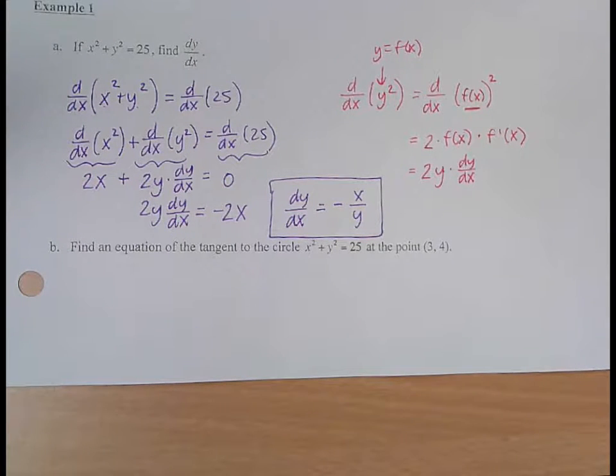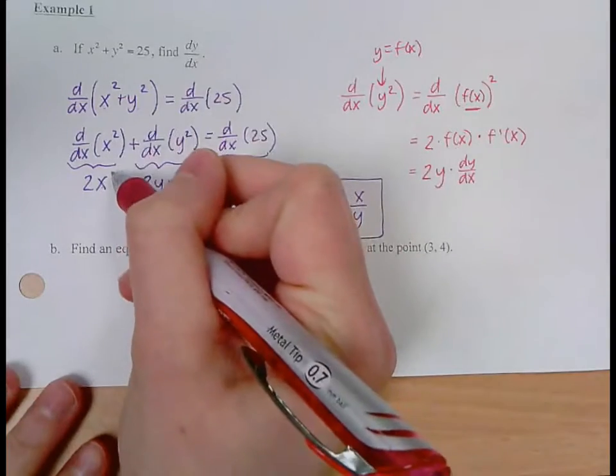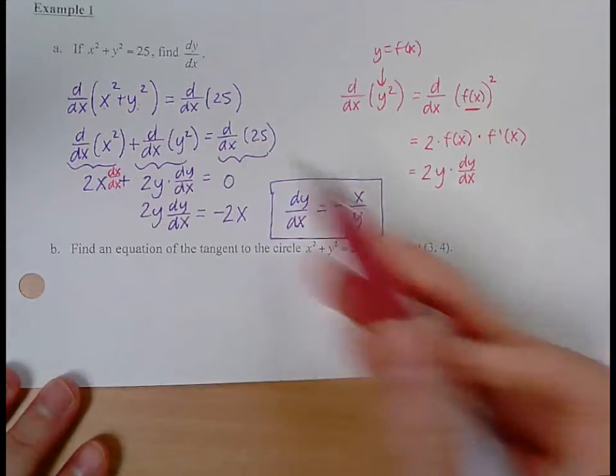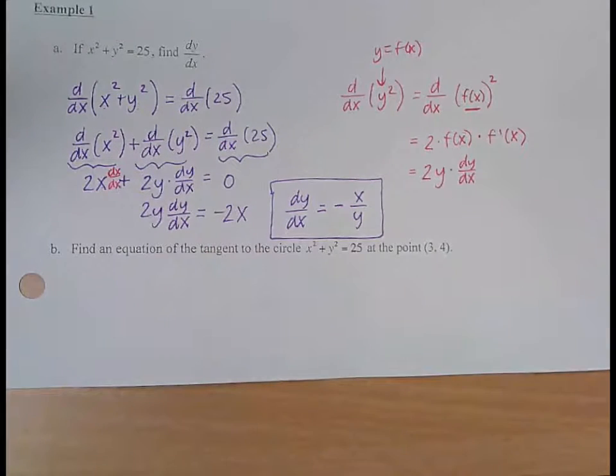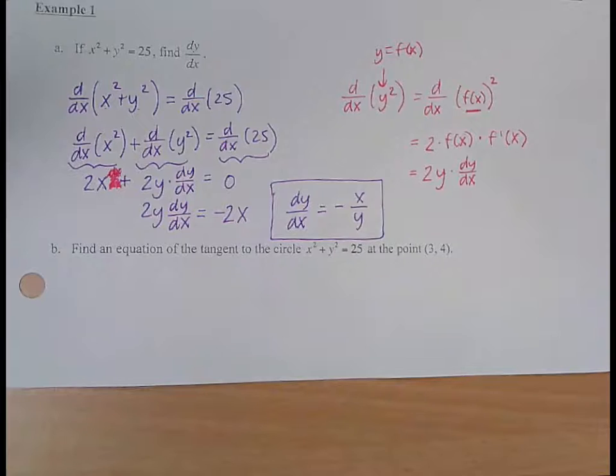If you think of it this way, when I take the derivative of x, I have to multiply by dx, but that's just 1 because x is already in terms of itself, if that makes sense. I don't want to get too confusing with it, but that's why. Were there other questions before we move ahead?